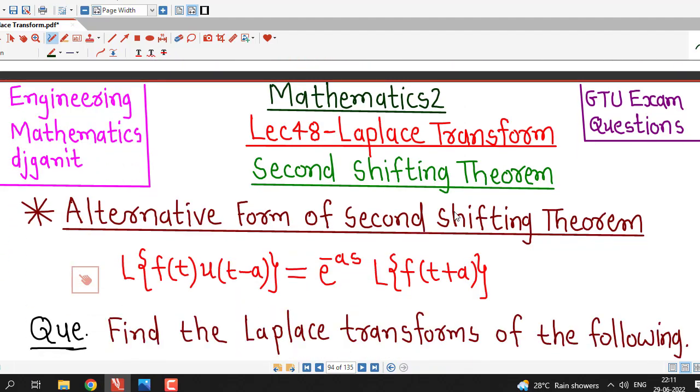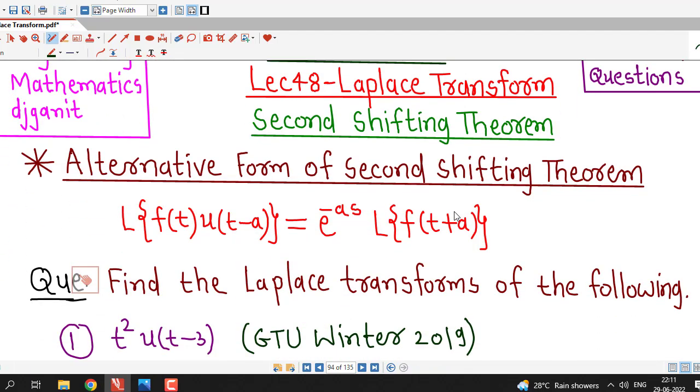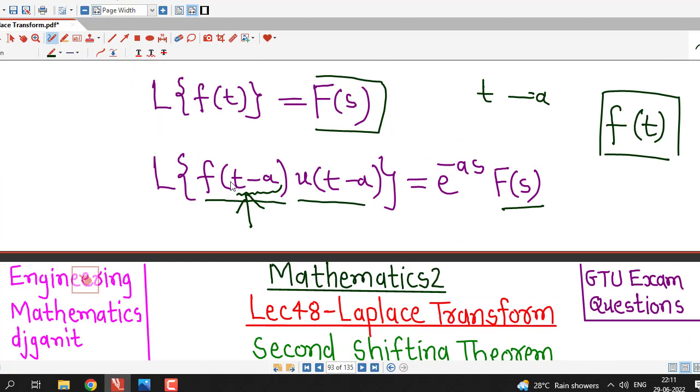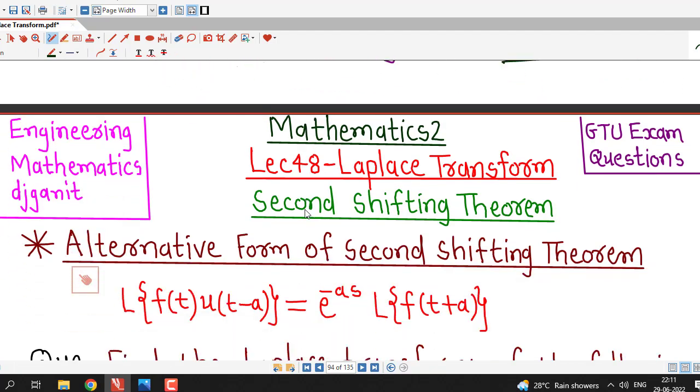Here we will discuss another form of the second shifting theorem. Instead of f of t minus a, suppose you have f of t in the product. Then how do we find the Laplace transform? That is also a ready-made formula. Suppose we are interested in the Laplace transform of f of t multiplied with the unit step function u of t minus a, then this is given by e raised to minus as times the Laplace transform of f of t plus a.